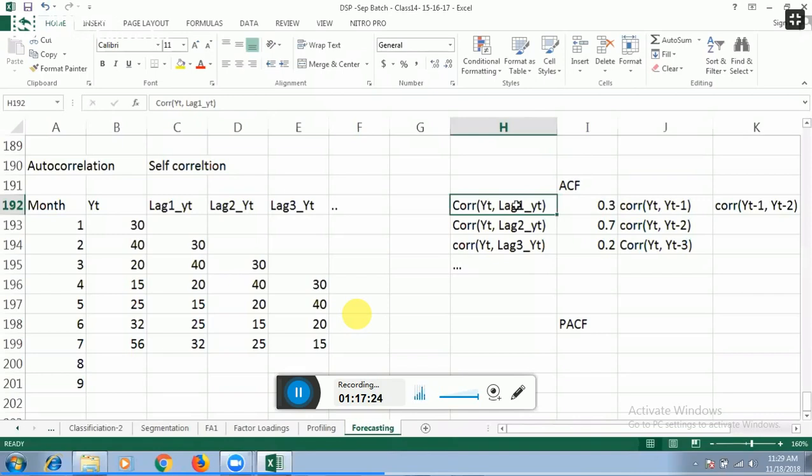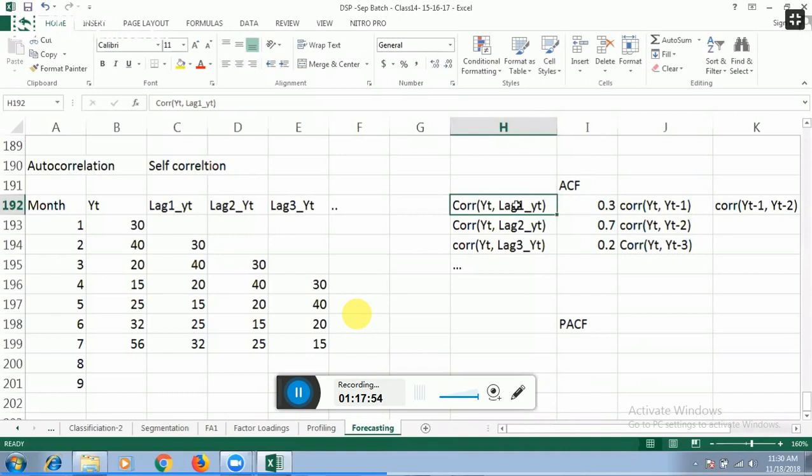For example, you saw the advertisement 2 months back, but you still remember it and you bought it this month. That's quite possible, right? Some person bought the item because they saw the advertisement last month. So in that scenario, if I want to see the net impact of last month's advertisement, I need to remove the impact of my current month, and I need to remove the impact of previous months also.